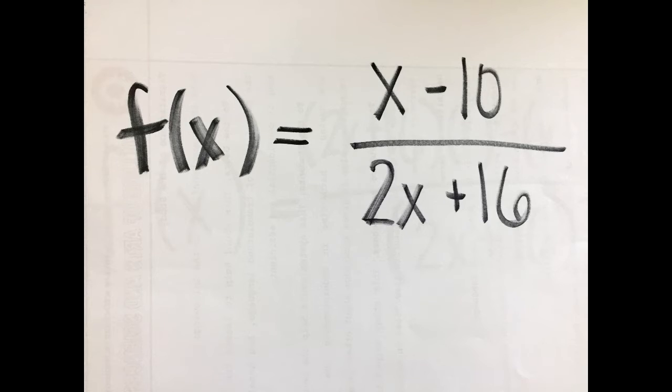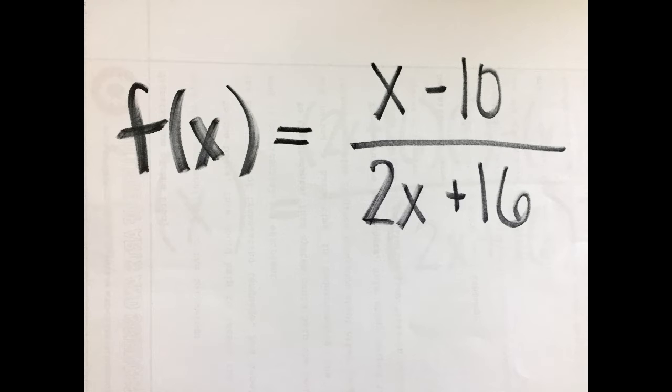Here's our example. F of x is equal to x minus 10 over 2x plus 16. In this example, x minus 10 is our f of x and 2x plus 16 is our g of x.